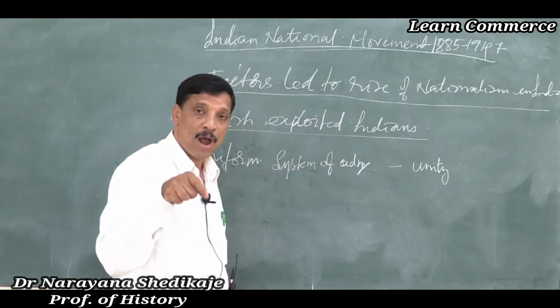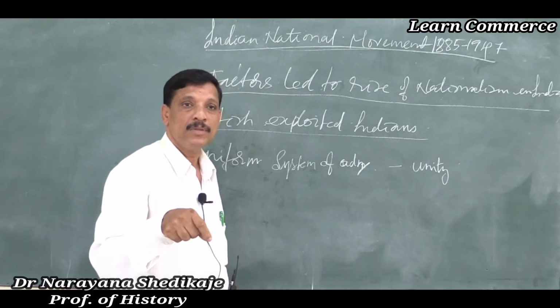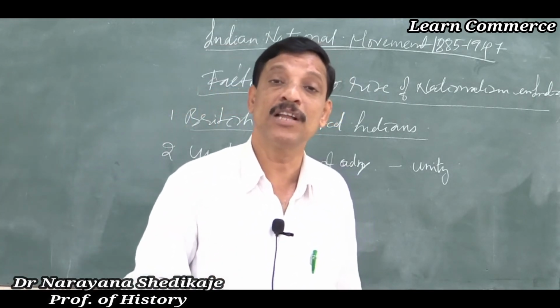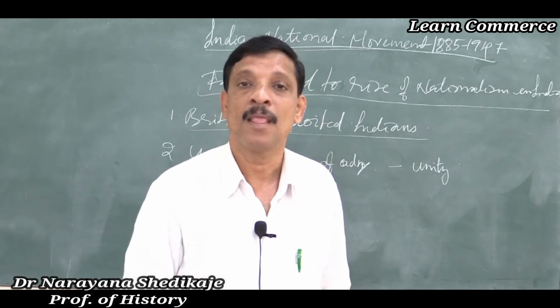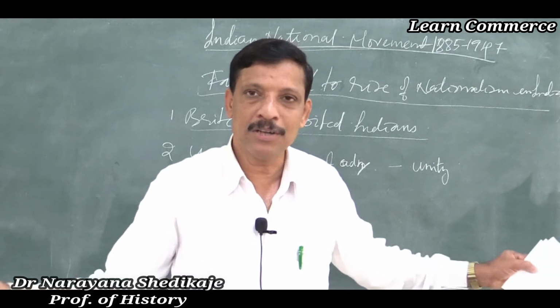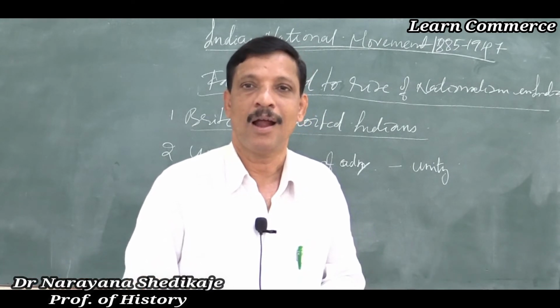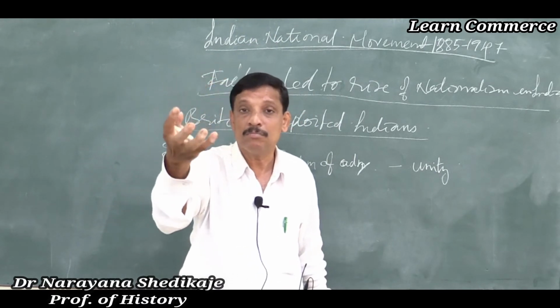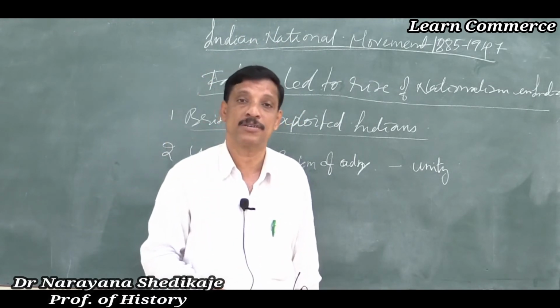People of one particular kingdom did not know anything about another kingdom, and they thought that they were different from them. But when the British came to India, they merged all together, and the whole of India was brought under the control of the British.